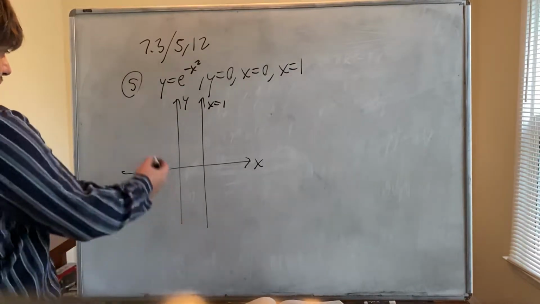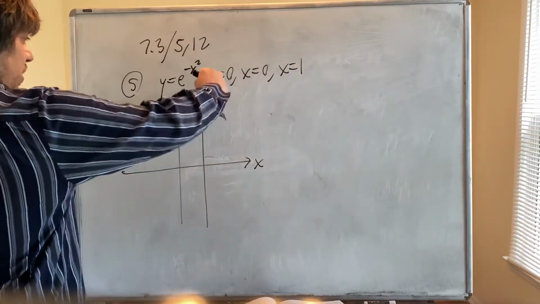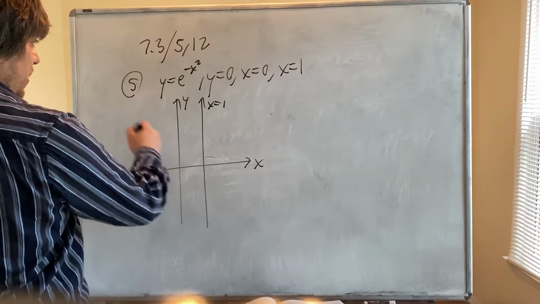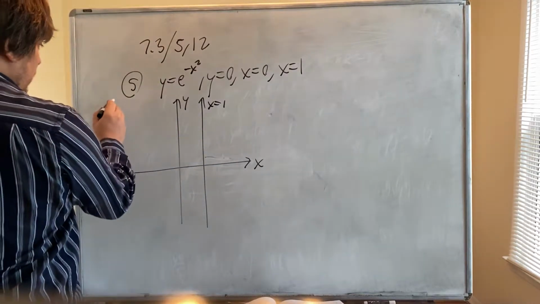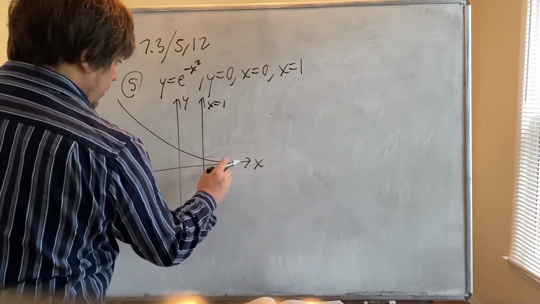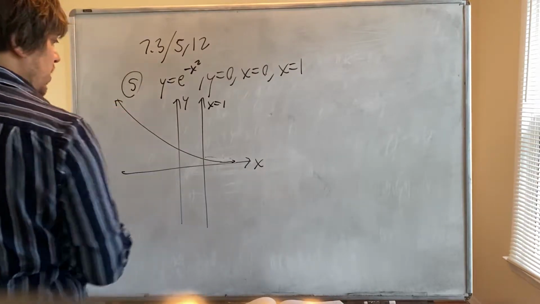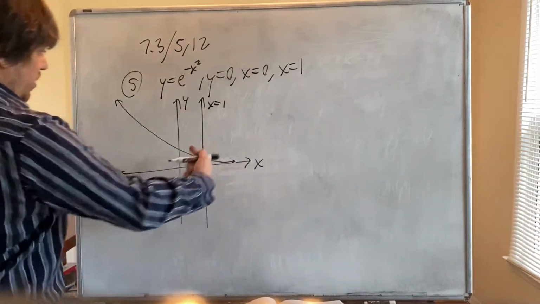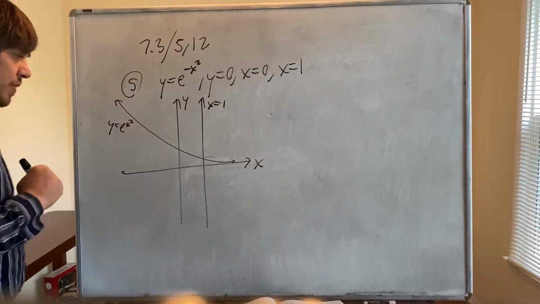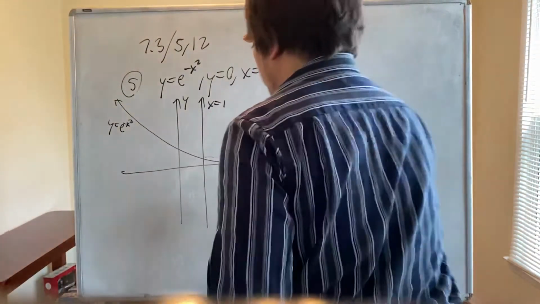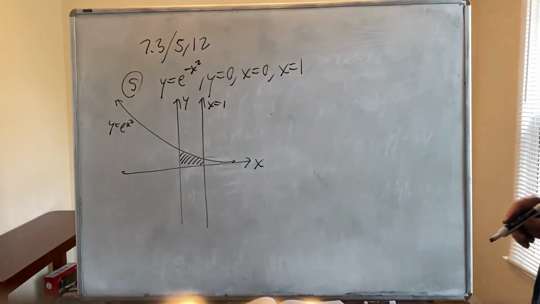So e to the negative x will look like that. e to the x looks like this. e to the negative x looks like that. e to the negative x squared will just decrease and increase faster. So you'll just get a function that looks like that. Pretty much has the same shape as e to the negative x. It just decreases faster here and increases faster here. This is y equals e to the negative x squared. So the region is this one. That's the region bounded by those 4 curves.